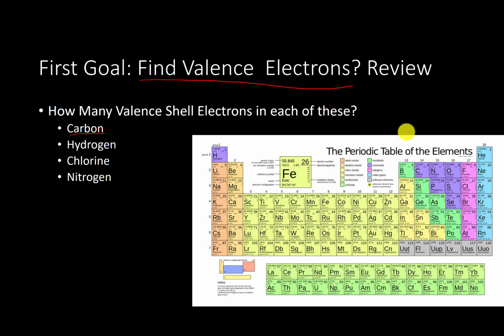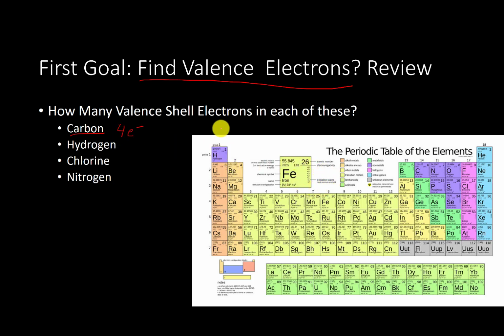The way I like to do this, I find it to be the easiest, is just to find carbon right here, and then count how far it is in the period. So you count the first atom in that period, which is lithium here, of course. You go 1, 2, 3, 4. It's 4 atoms into that second period. Therefore, it must have 4 valence shell electrons.